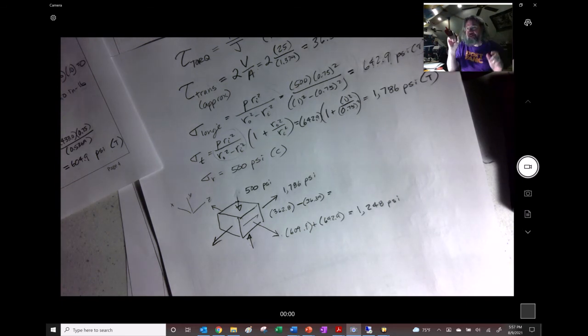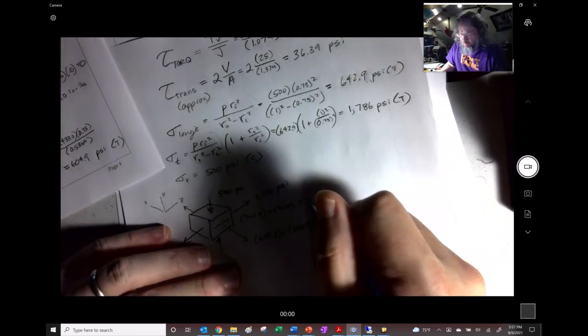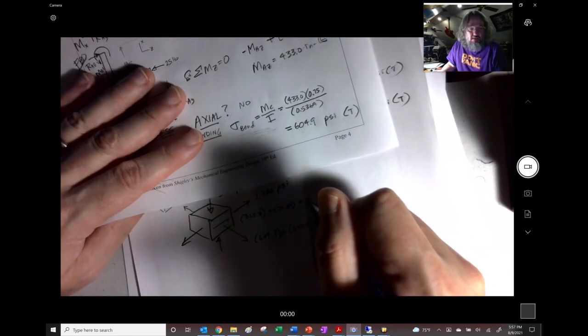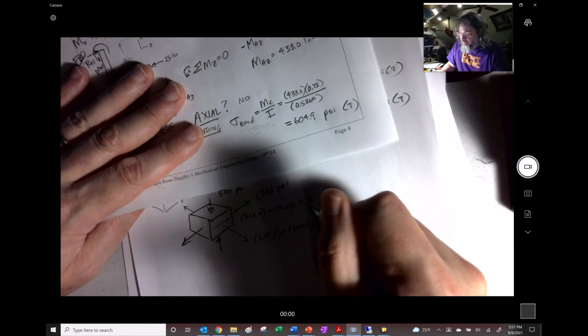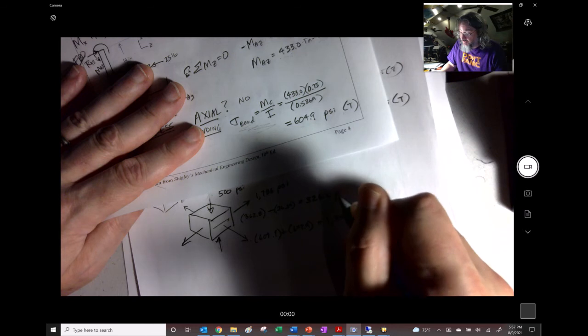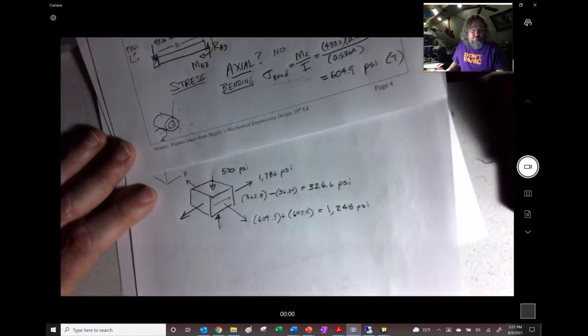But the thickness is relatively small, and it's a small value anyway. But recognize it's an approximation, not something we want to hang our hat on. Fortunately, it's not a large number, so it doesn't make a big difference.